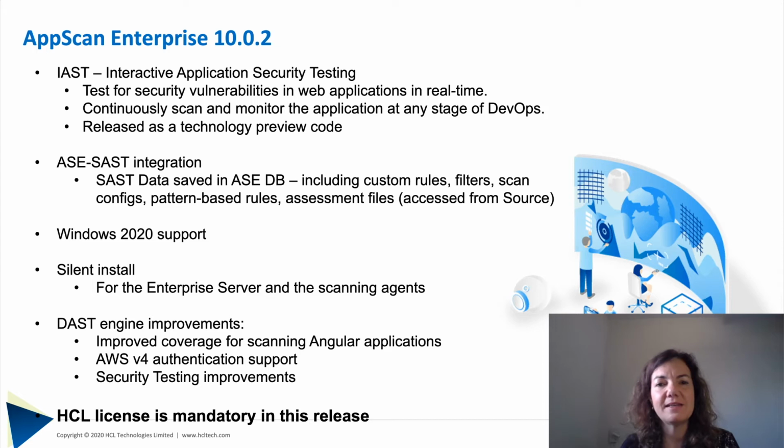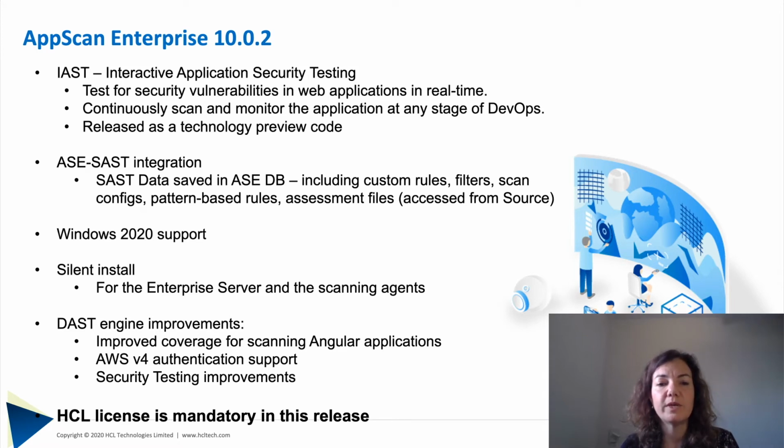The next is the work that Florin just mentioned about the integration with AppScan Source, where a lot of the data of AppScan Source is now kept in AppScan Enterprise. It's not a big change for AppScan Enterprise users, but it is another step in making Enterprise one solution for all technologies.